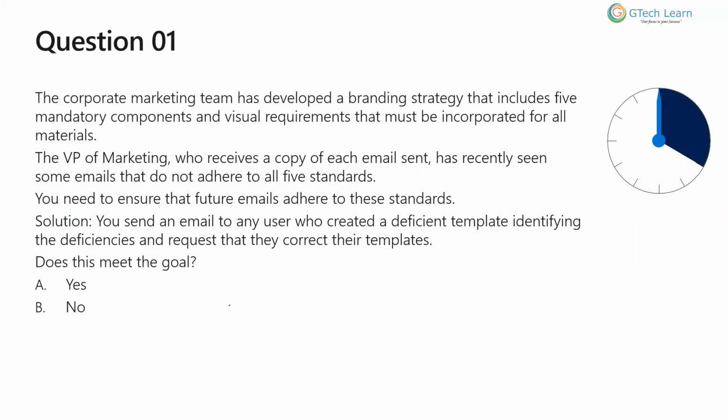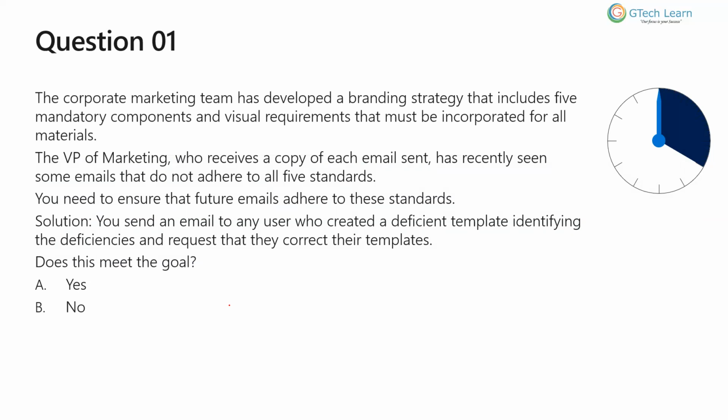This question is saying, the corporate marketing team has developed a branding strategy that includes 5 mandatory components and visual requirements that must be incorporated for all materials. The VP of marketing, who receives a copy of each email sent, has recently seen some emails that do not adhere to all 5 standards.